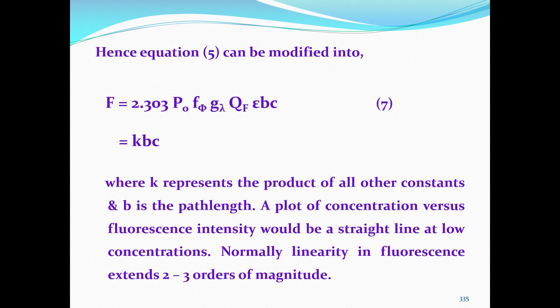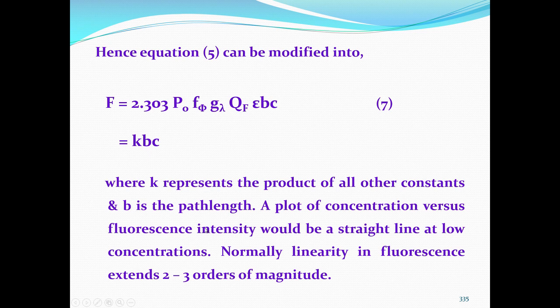So, all these things can be converted into another constant except C. So, this K represents the product of all these numbers, and B is the path length that will remain constant. So, a plot of fluorescence versus concentration should be a straight line.